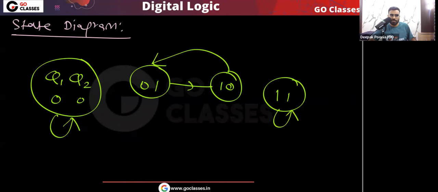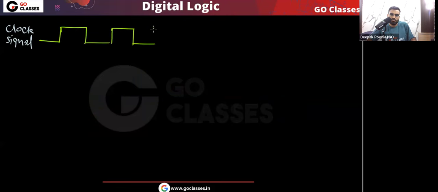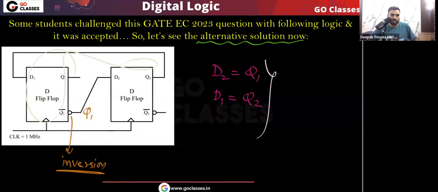The question was asking for the frequency of the q2 waveform, correct? So let me draw the clock signal. The question has given both D flip-flops as positive edge triggered.